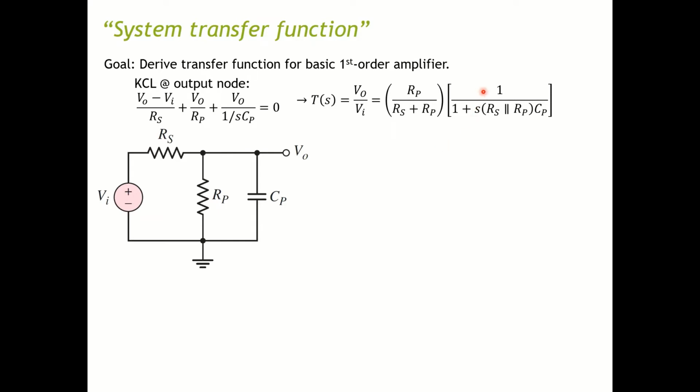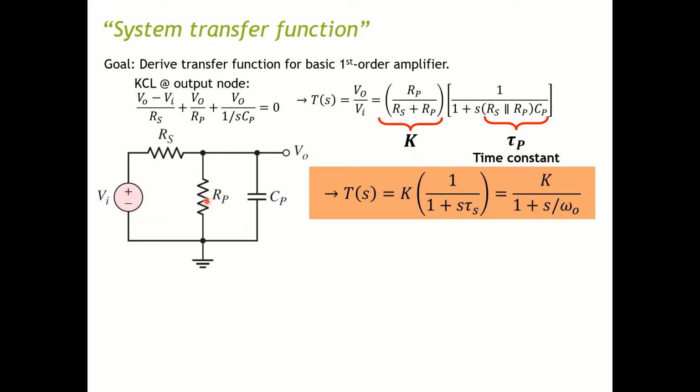Okay, you can call that term K. Another term to notice is when you have RS parallel RP, then CP. This term is called the time constant, tau P. So this is the time constant of this amplifier circuit.